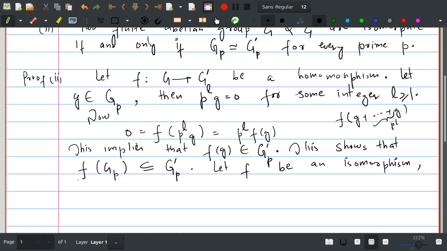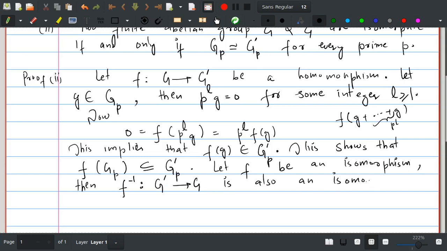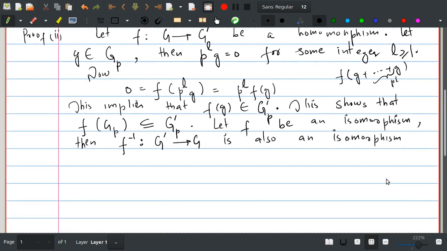Then f inverse, which is a map from G prime to G, is also an isomorphism. Now by the same argument as above, f inverse of the p-primary component of G prime is contained in the p-primary component of G.